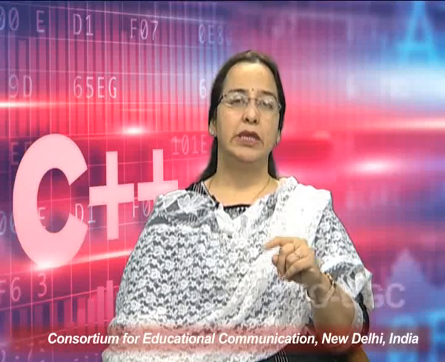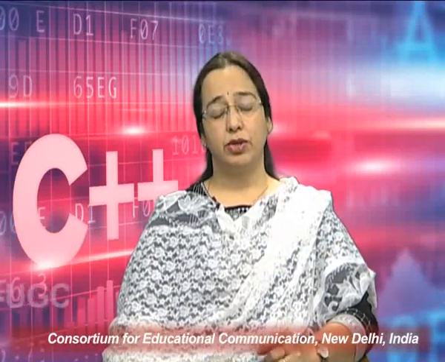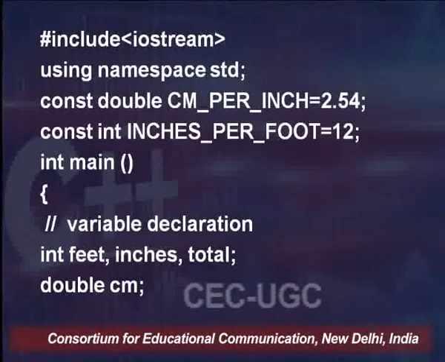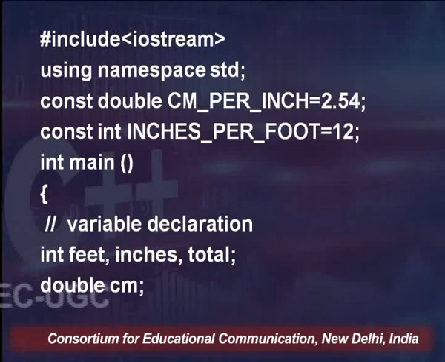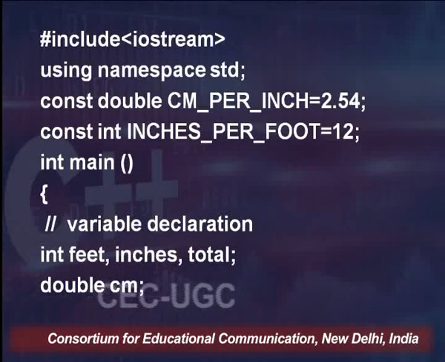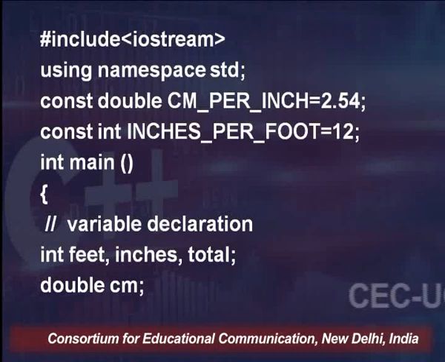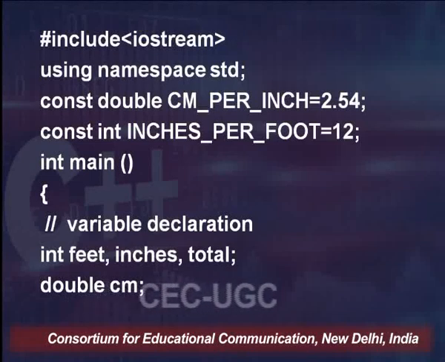Then using namespace std, please notice that it is terminated with a semicolon. Then we have the declaration of two constants, cm per inch and inches per foot, and please notice that we have not started our main function yet. That means these constants are to be declared above the main, or outside the main.